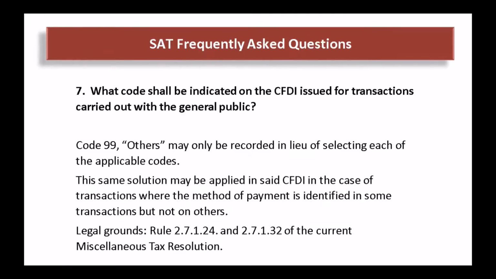However, through this question on their website, the authority is allowing this type of companies to use the code 99 Others to be recorded instead of all the other exact methods of payment.